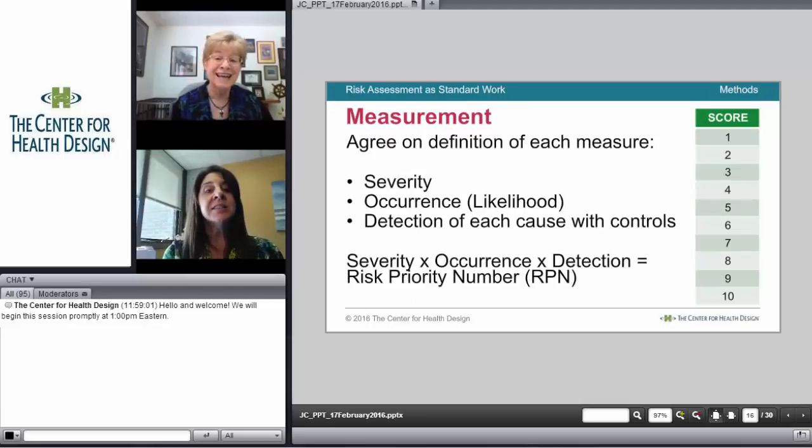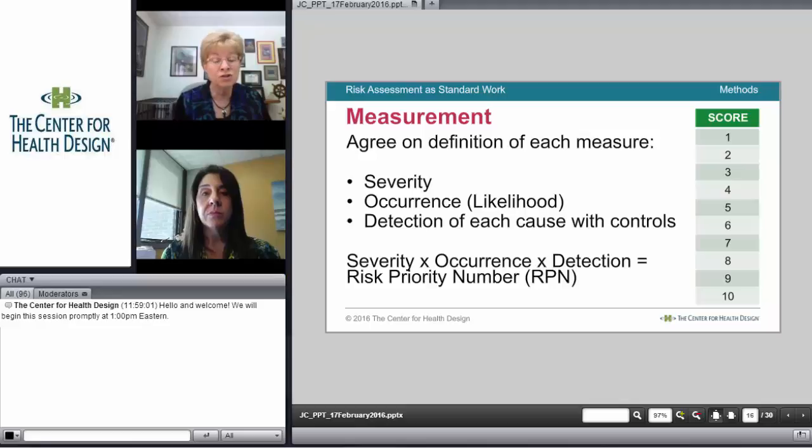Yes. And you did mention that risk is really a combination of how severe it is if it happens, what's the likelihood it would occur, and whether there are controls in place. So how do you then come up with a quantified measure of risk? Well, what's important is the scale to the right of the slide, typically 1 through 10.